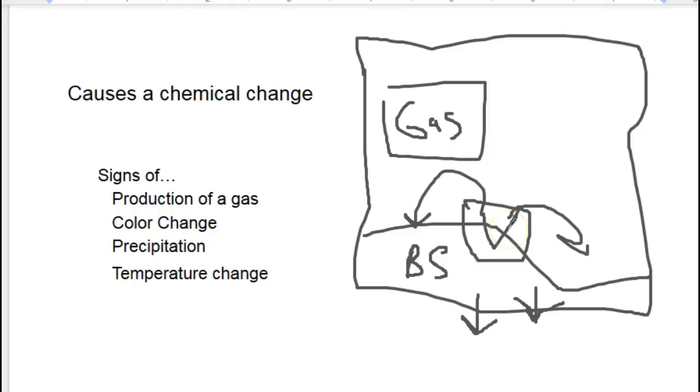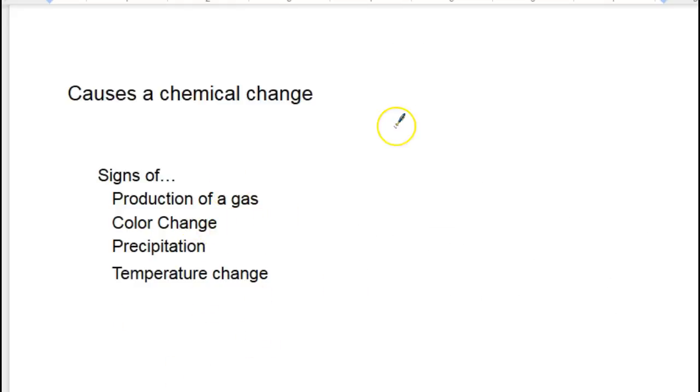But sometimes it actually releases energy, and when it does that, it gets hotter. The temperature of the substance goes up. Like the salt you put on your sidewalk, it melts ice because whenever that salt mixes with water, it has a chemical reaction and produces energy. And there's some other ones as well. Color change is one. Sometimes you mix two substances together and you see a really drastic color change.